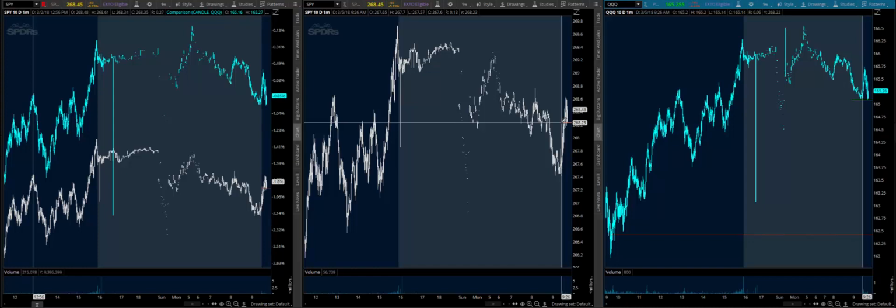So let's just say you did $10,000 worth of short the spider at 126 and $10,000 long the QQQ at 165.28. Okay, now just for the sake of argument, I'm going to use $100,000 on each, just for the sake of showing you guys this, because it's just better to do it that way.